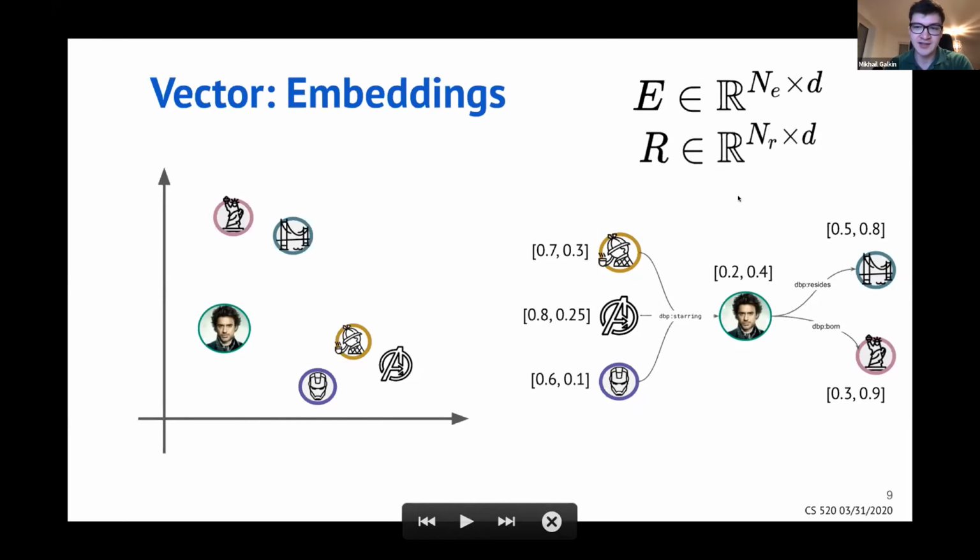For instance, we have some function which maps our entities to our space, and this function works in such a way that it places similar entities, semantically similar entities, close in our embedding space. You will see that entities which point to Robert Downey Jr. with the relation starring actually group together in the embedding space as well.